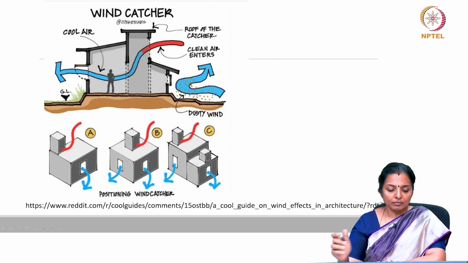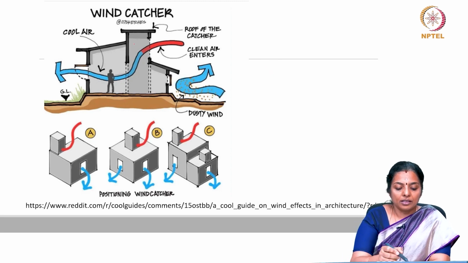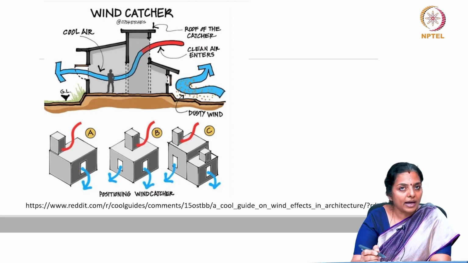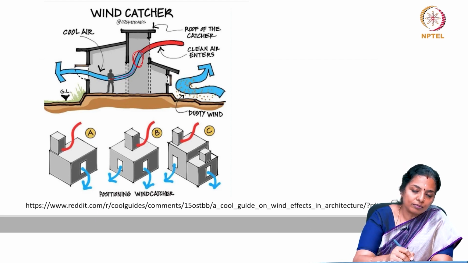And this is the principle of a wind catcher, where this is the roof of the catcher. Clean air enters here because warm air is light, it enters here, gets mixed with the slightly cool air, descends down because it becomes heavy, and there has to be an outlet for this wind to go.